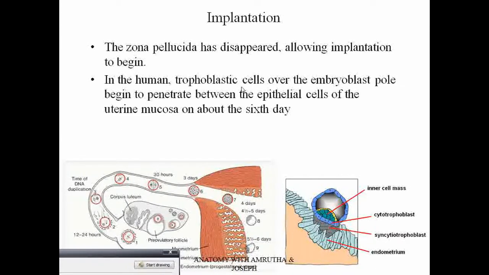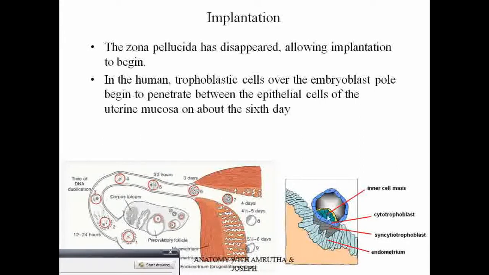In humans, trophoblastic cells at the embryoblast pole begin to penetrate between the epithelial cells of the uterine mucosa on about the 6th day. So implantation occurs during the 6th day after fertilization. This is the trophoblast.